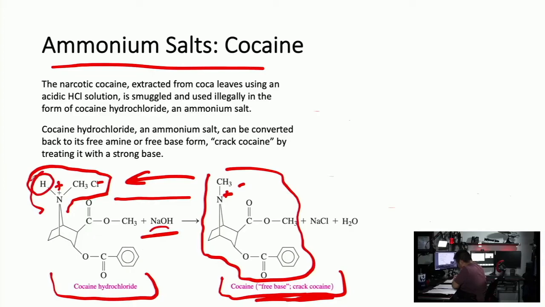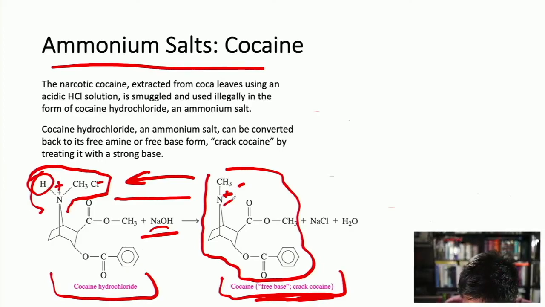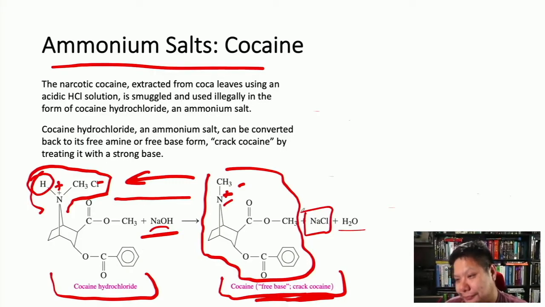After it takes off the proton, you lose the plus charge on the nitrogen, and then the proton goes over to the hydroxide, making the water from the sodium hydroxide, and then the chlorine combines with the sodium from the sodium hydroxide, and so then you're left with the crack cocaine plus salt plus water. But yes, that's the difference.